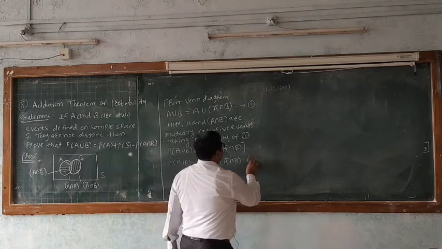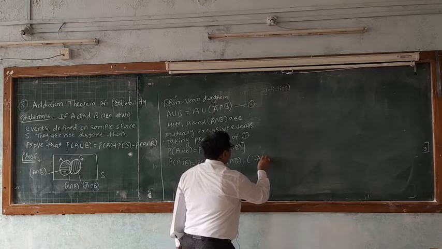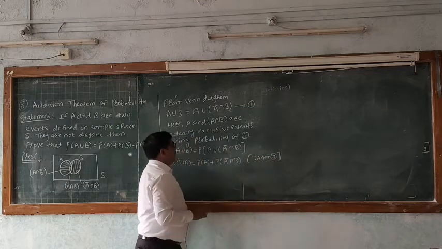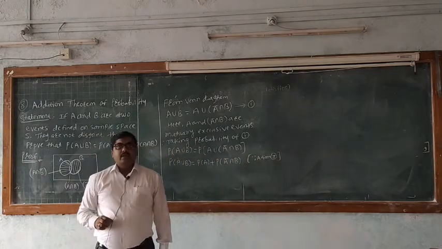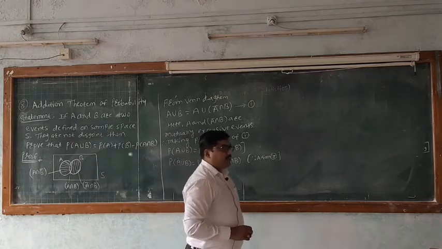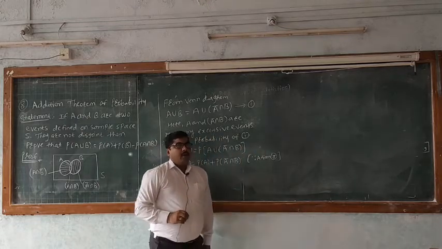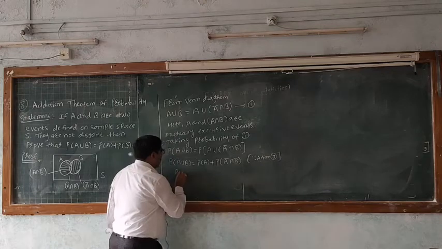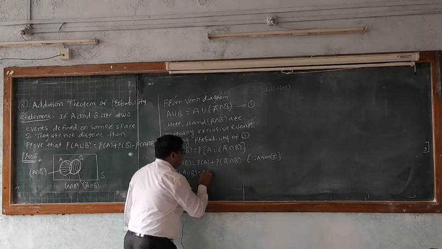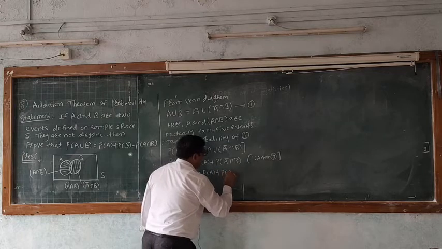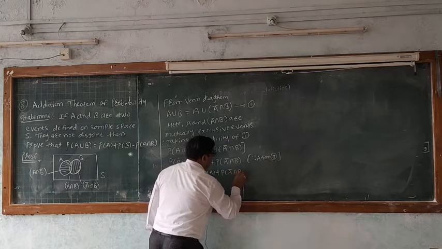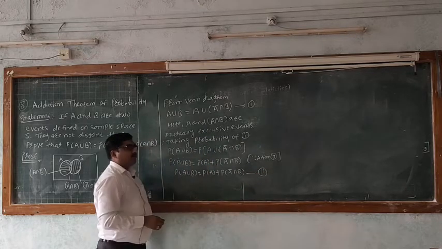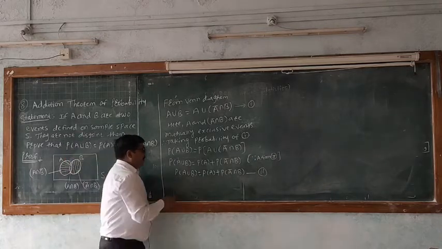Which axiom number? Axiom third. Give equation number 2.